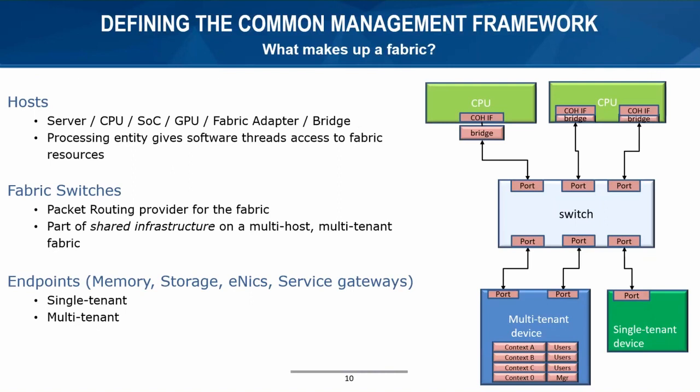Multi-tenant devices can, so they may be shared either sequentially or in parallel among multiple hosts. And you might call them requesters, initiators, masters, hosts. But multi-tenant devices will have multiple masters or contexts. How do we manage all of these things? That's the big question. And that's the next slide.